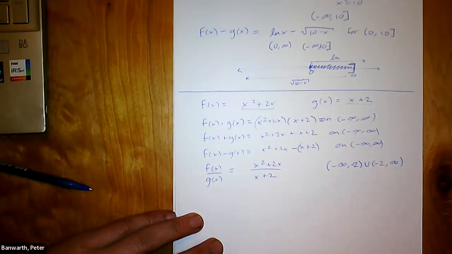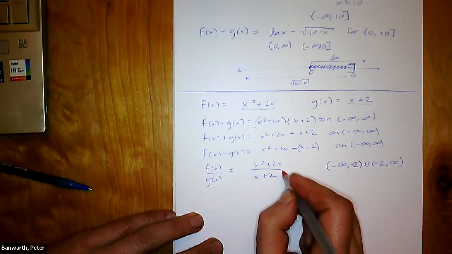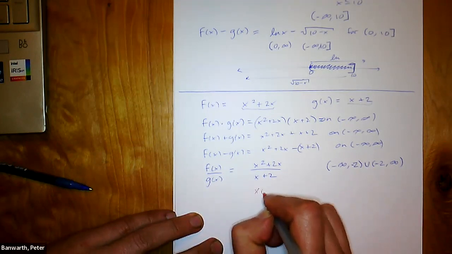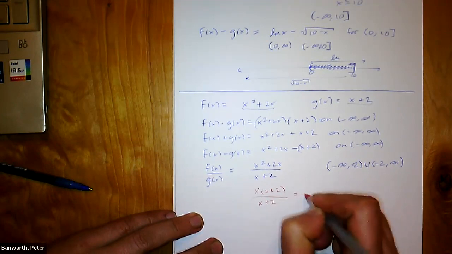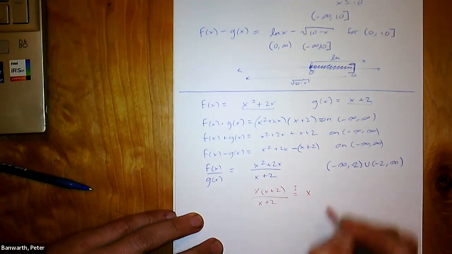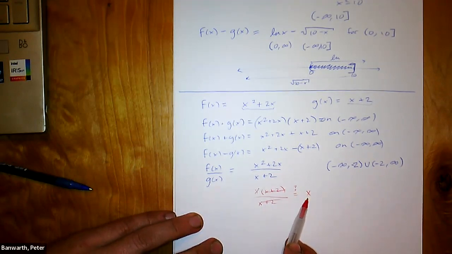Now you might notice that this formula could be just written as x, because x squared plus 2x can be factored into x times x plus 2.